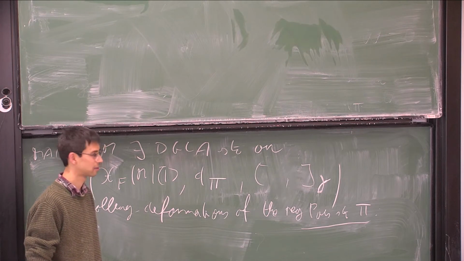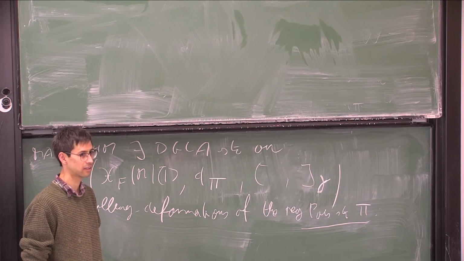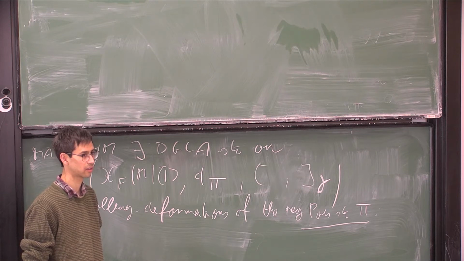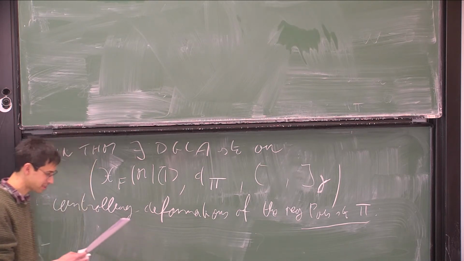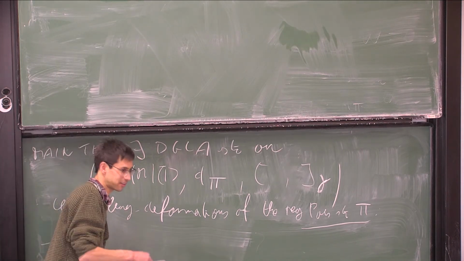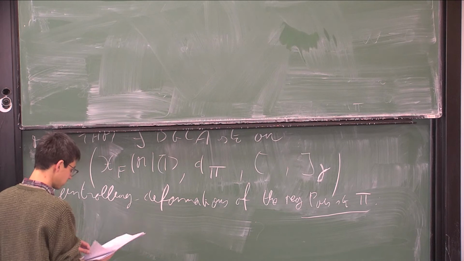On foliated forms it stays foliated. On the ones with values in the conormal bundle, there is a differential there, but there is also a component to foliated. So that's the next thing I wanted to write down. Let me write it down, and maybe that will answer the question.